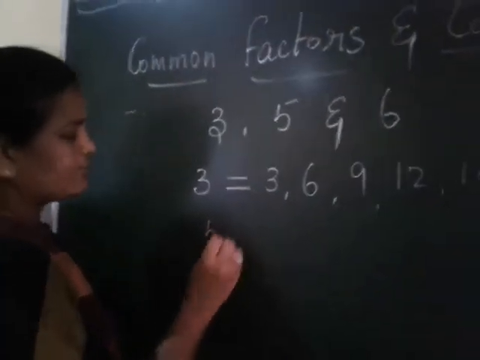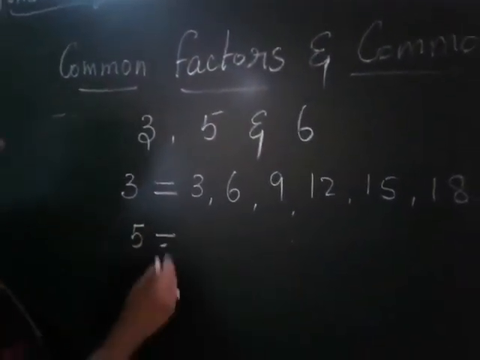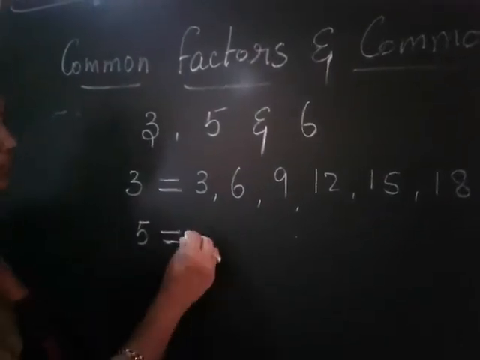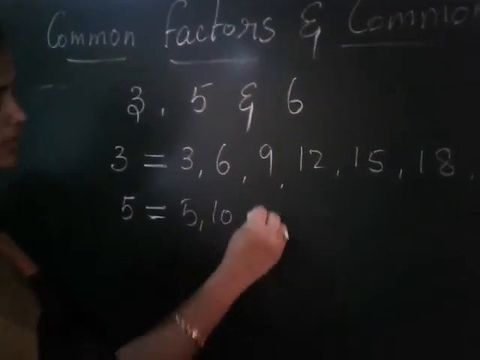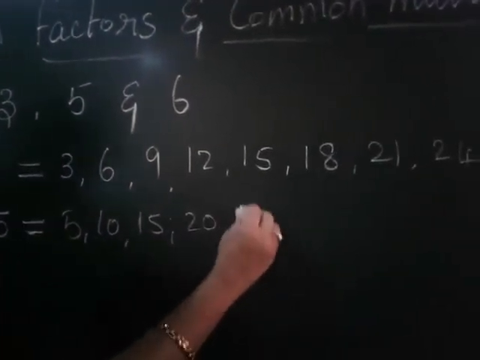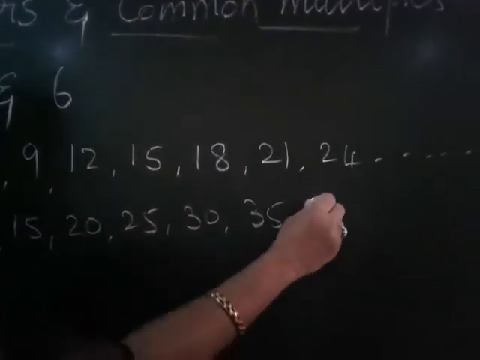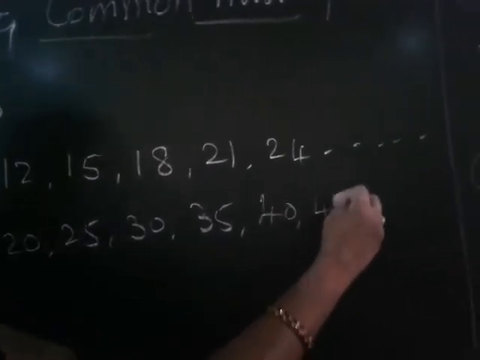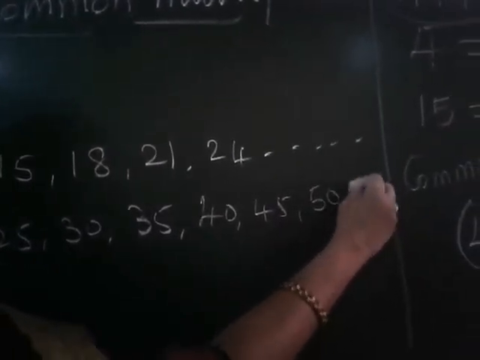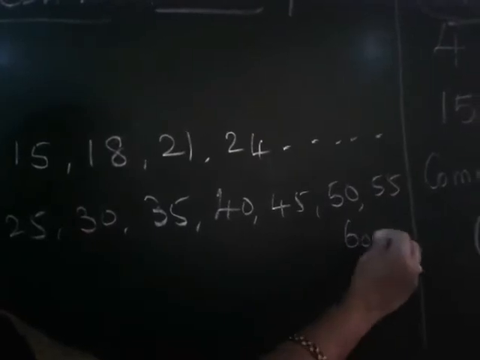What about the multiples of 5? 5, 10, 15, 20, 25, 30, 35, 40, 45, 50, 55, 60, it is going on.